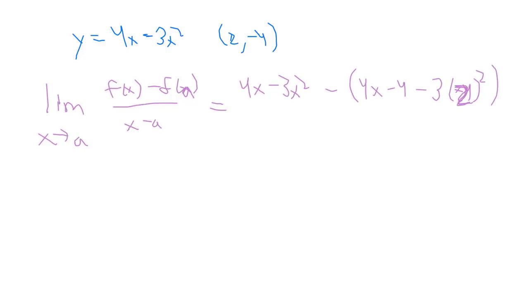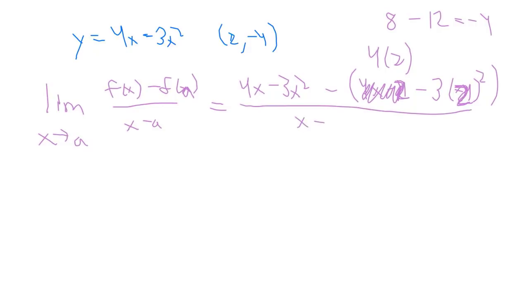It's 2, because x is equal to 2, so 4 times 2. And if you plug that in, this is 8 minus 12, which is equal to negative 4. And also the bottom is x minus 2, because a is 2.